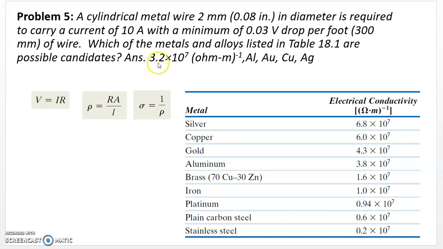So what electrical conductivity is needed? We can find this using these equations. First we will find the resistance.